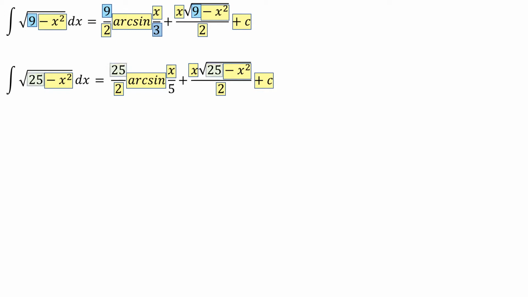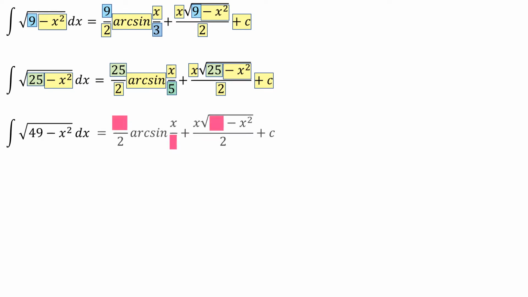On the other question, notice where that 25 keeps showing up. And sure enough, 5 is the square root of 25. So if I asked you to come up with the answer for this question, but I did not insist that you show step-by-step work, you would already know a huge chunk of the answer.